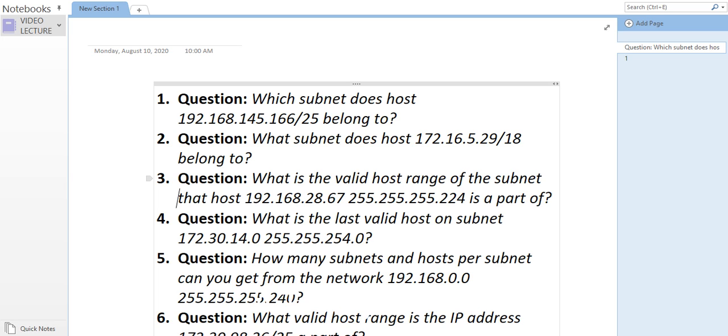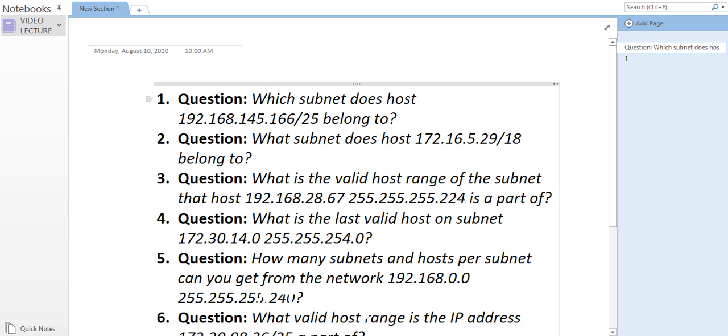Right from there, I have one question: which subnet does host 192.168.145.166/25 belong to? Now that is a question that we always have to find. In doing this, what we want to know is: this IP address is a correct, valid IP address, 192.168.145.166.